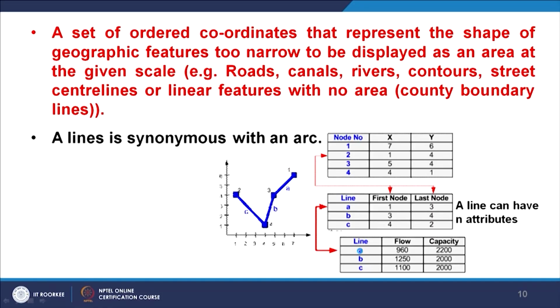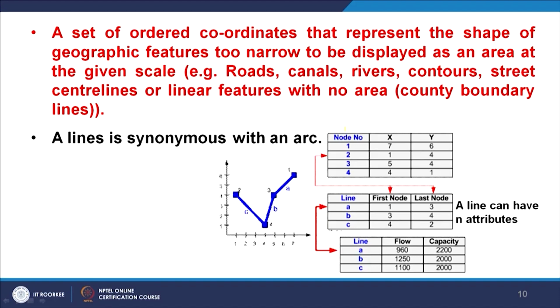If I have to store a line like this one, there is one begin node and end node, and in between we have two internodes. They are stored here in order, because it is one step higher in degree of complication. Instead of 0 dimension, now we have 1 dimension, so much more information is required to be stored.